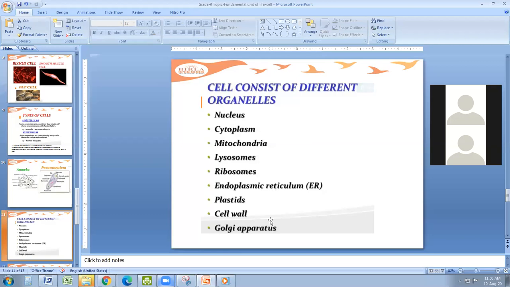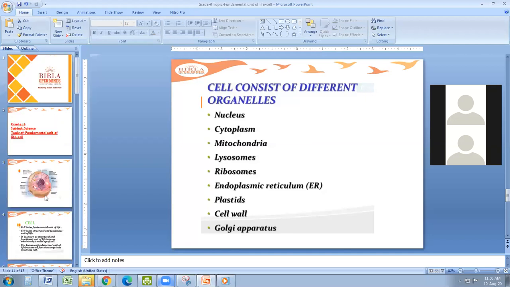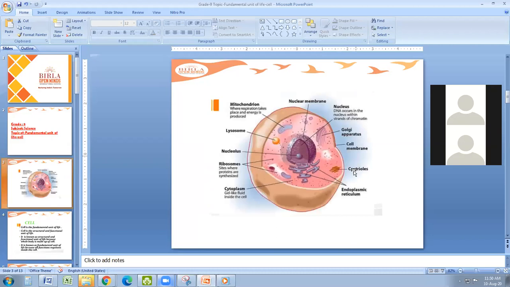At the same time, we will discuss in detail how all these organelles are arranged inside a cell. We are going to discuss the different functions of all these organelles, in your topic, the fundamental unit of life.